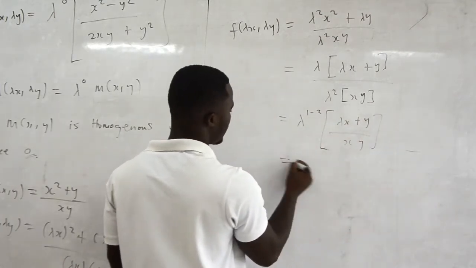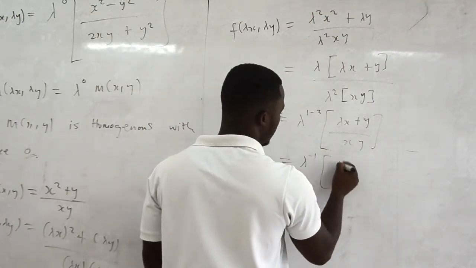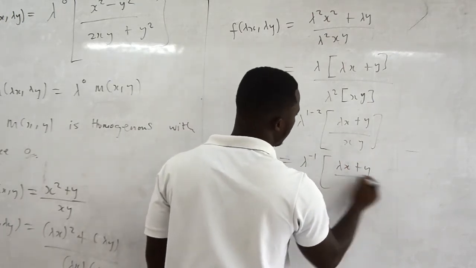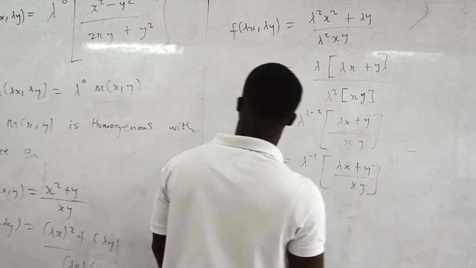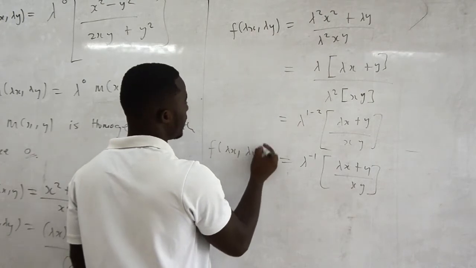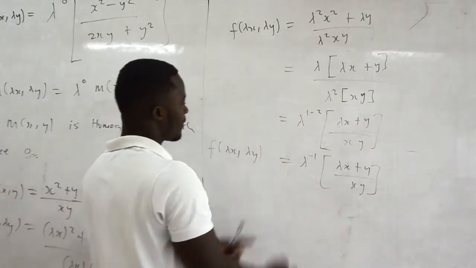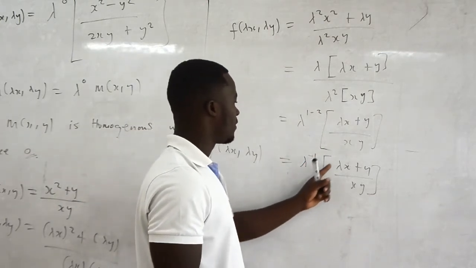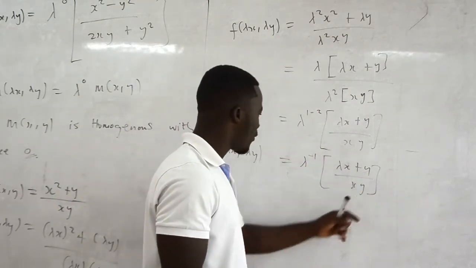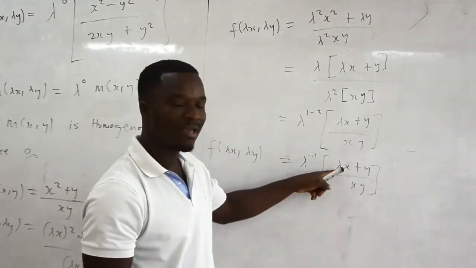This will give lambda to the power of negative 1 times x plus y all over x y. So I'll have my f of lambda x, lambda y. But watch it: you see here we have lambda to the power of negative 1, but this is not the same as my f of x, all because there's a lambda here.